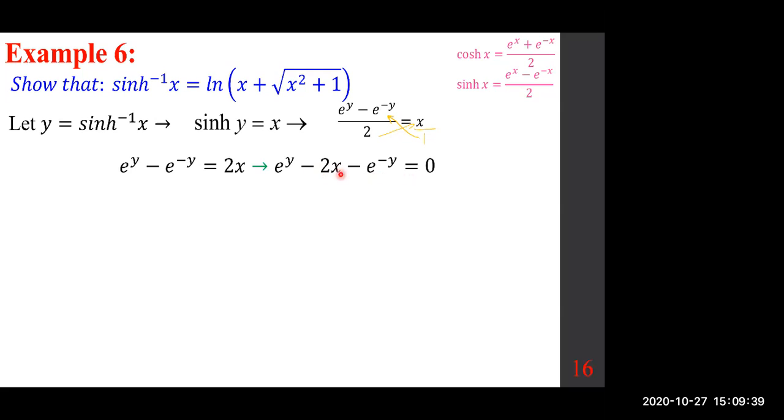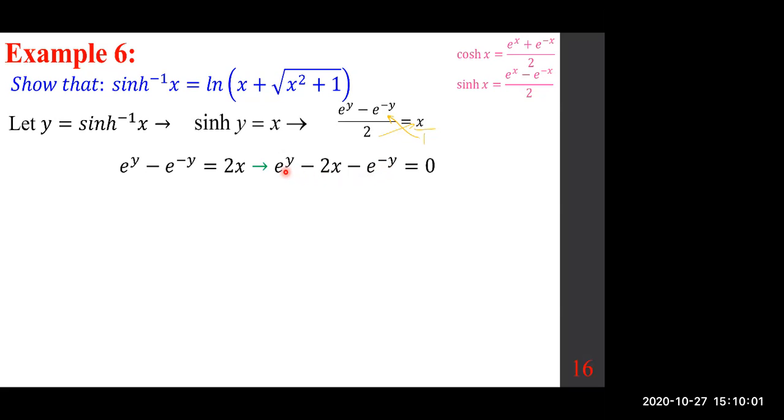And remember what we want to solve for. Eventually, y is sinh inverse, and we are going to solve for y. Remember that we are looking for y. To do that, how do we solve this equation for y? Let us multiply both sides by e to the power of y, because we don't like this one, we want to get rid of it.